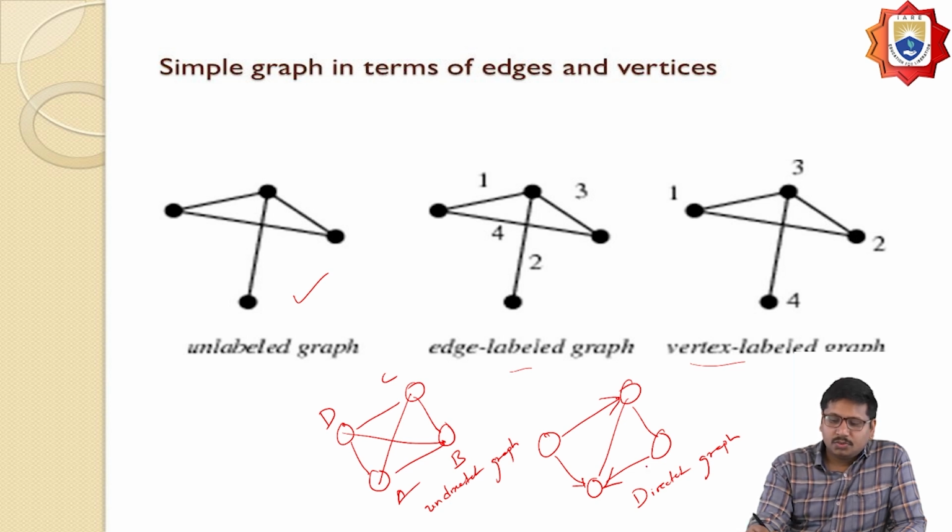The graph where the edges are represented in the form of directions is called a directed graph, and the edges which do not show any kind of direction make an undirected graph.